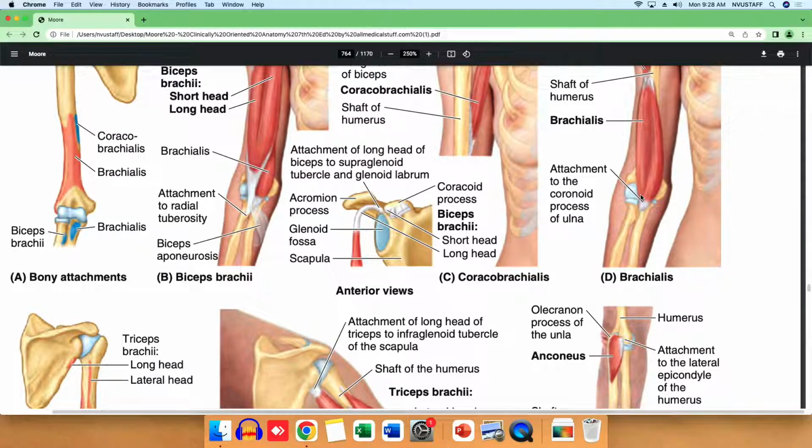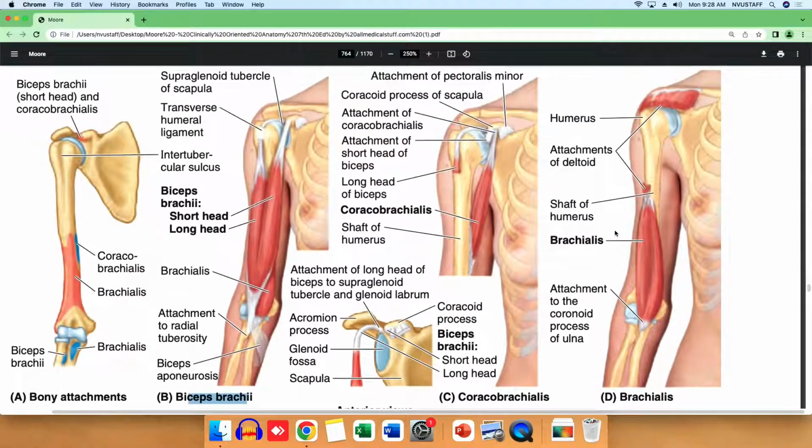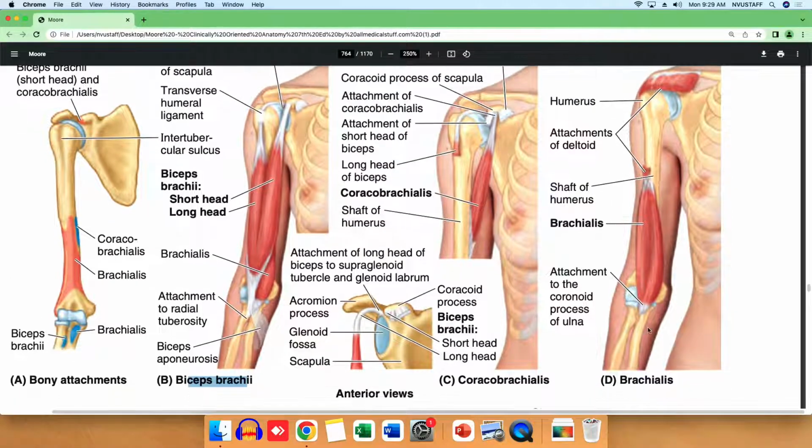Now the question is, what type of movement do you expect to find both in the case of biceps brachii, which is crossing the elbow joint, as well as the brachialis muscle? Sure, you expect to find the flexion of the forearm at the elbow joint. So this movement, flexion, will be dependent on those two muscles.